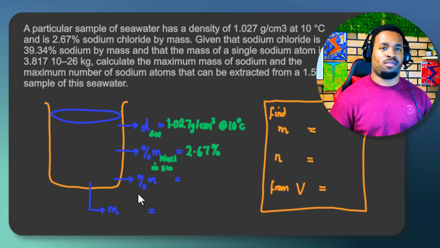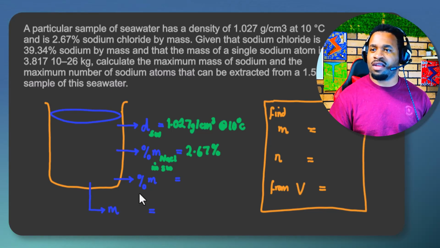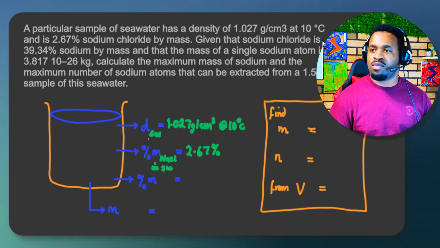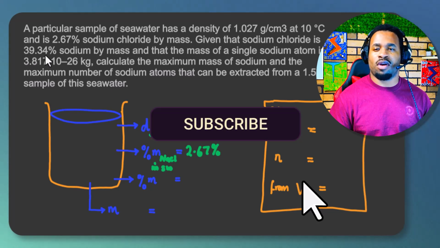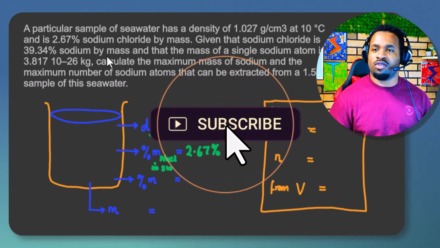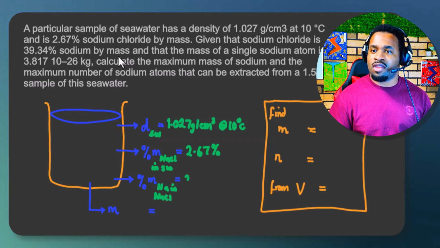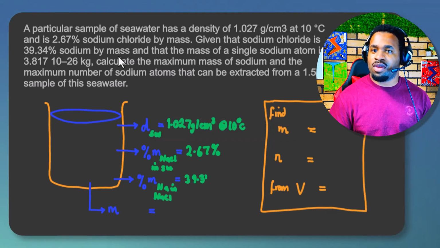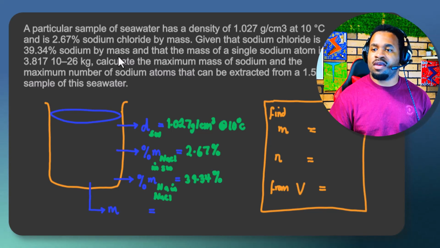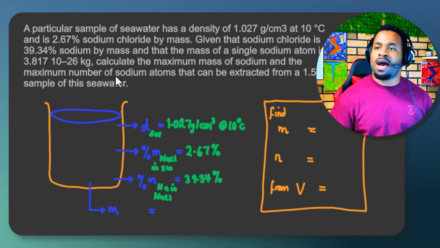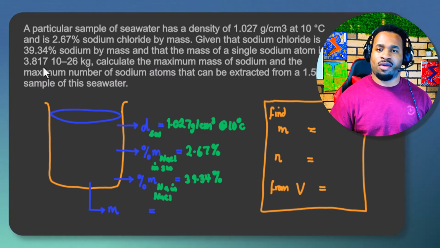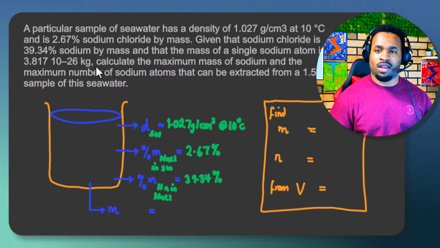And the next information given states that the sodium chloride is 39.34% sodium by mass, so that is something to be aware of. It also says that the mass of a single sodium atom is this particular value, and this value is less than 1.